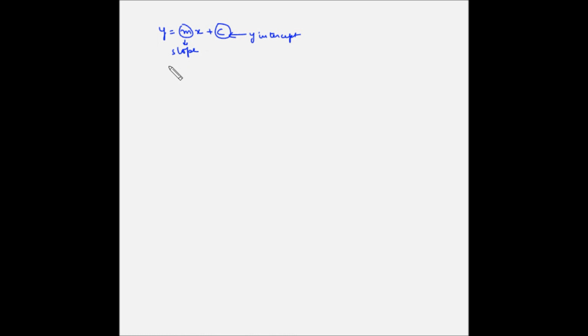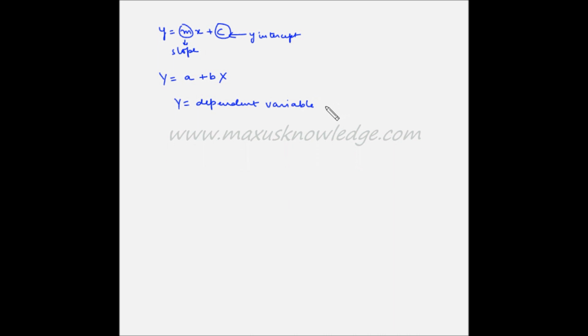In linear regression analysis, it is commonly denoted as y is equal to a plus bx. Here y is equal to the dependent variable for which we are trying to solve.